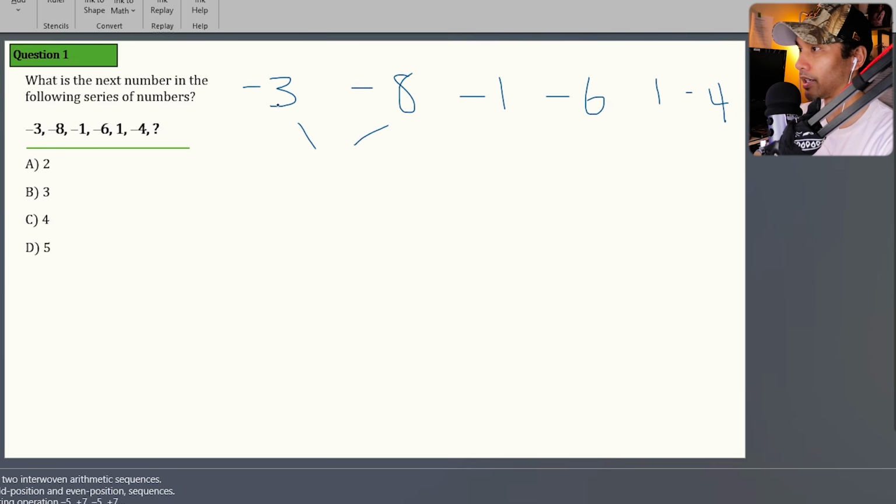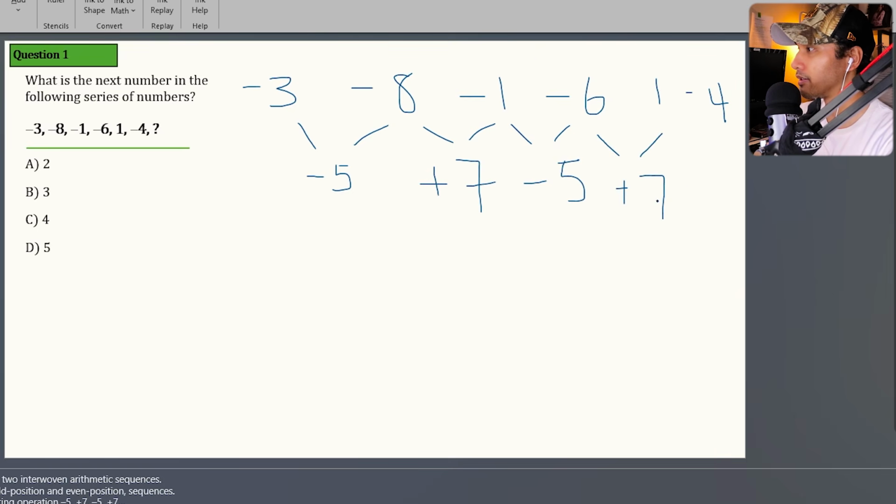So from -3 to -8, we go -5. From -8 to -1, we go +7. Over here, we go -5, and then from here, we go +7. And from 1 to -4, it's going to be -5.